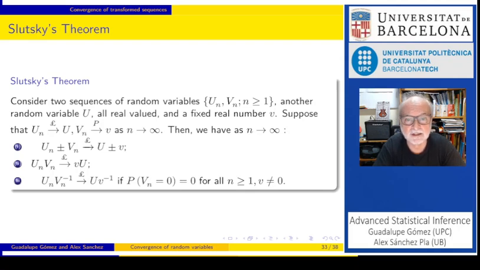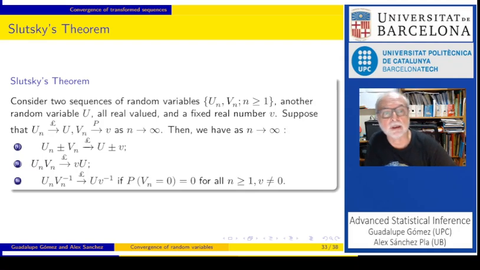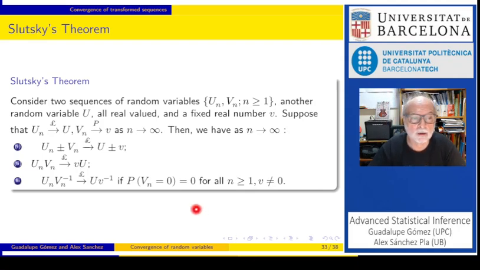So to end up this series of convergence of transformation results, we state a theorem which has a name, it is Slutsky's theorem. It is similar to the previous one, but weaker, because what it tells us is that if we have a sequence that converges in distribution to another one, and a sequence that converges in probability to another one, then the same operations that we saw are still valid, but the convergence of the same operations is in distribution.